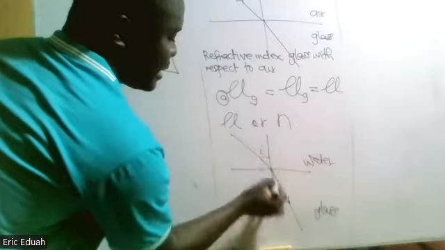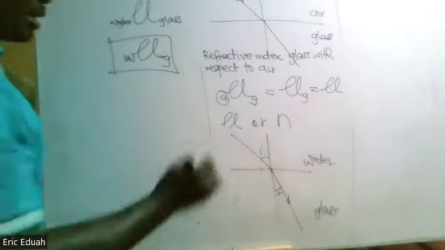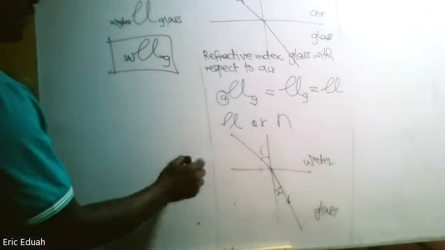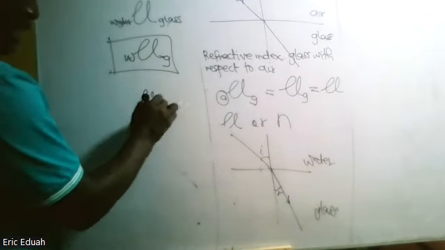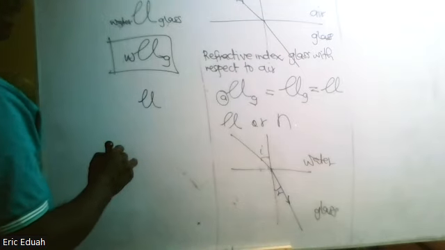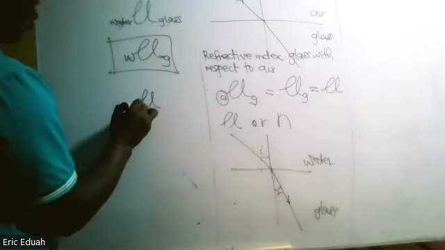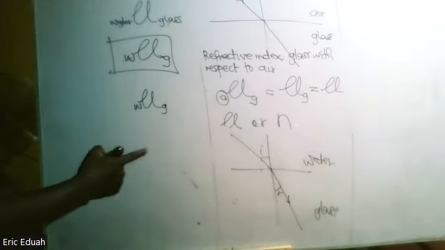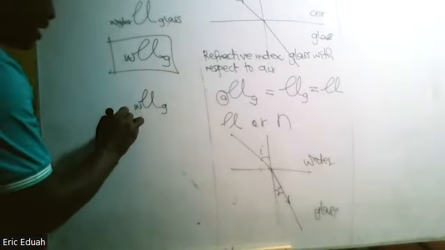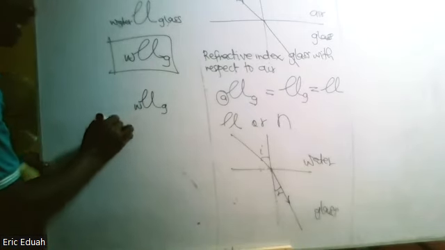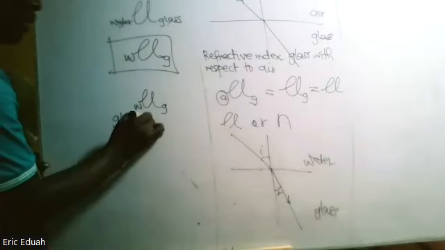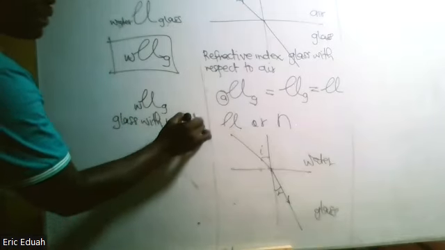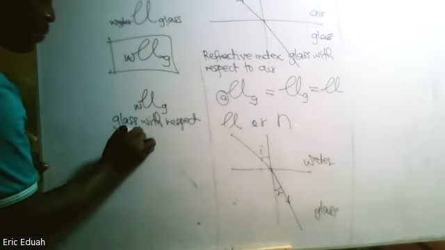This is I, this is R. If we are deriving an expression for the refractive index, then mu or N is equal to the refractive index of glass with respect to the first medium, which is water.